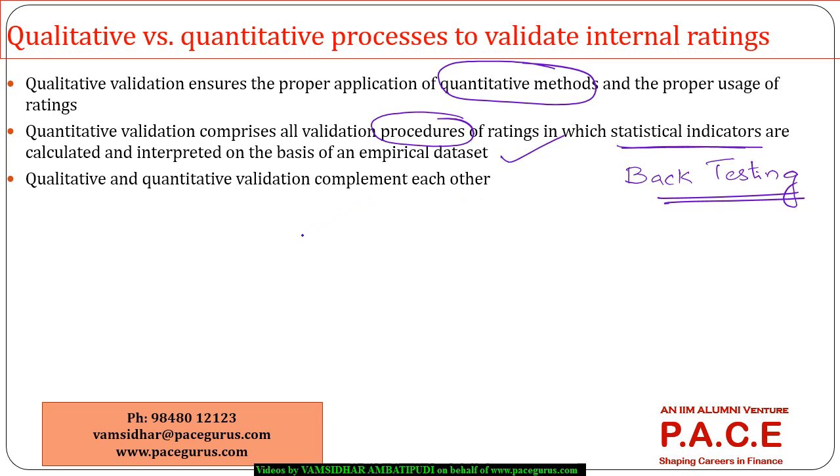It cannot happen that both of them are done in isolation, or that I'm using qualitative methods but ignoring the quantitative ones, or using the quantitative methods but ignoring the qualitative ones. They have to complement each other. So I may implement quantitative methods and get them validated with the qualitative mode of validation and so on.